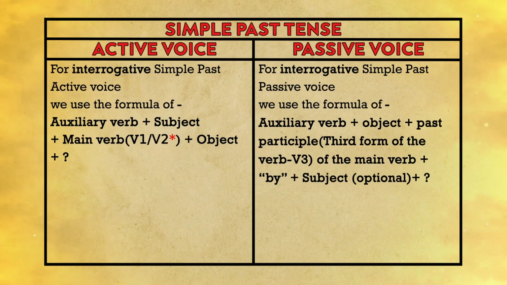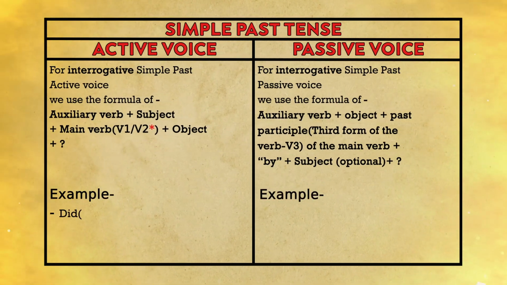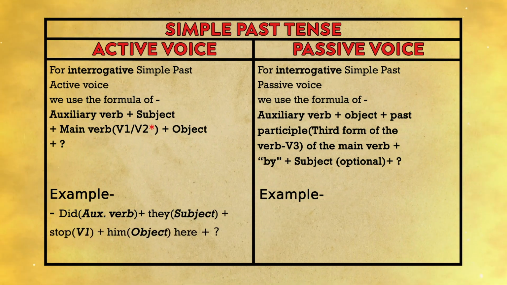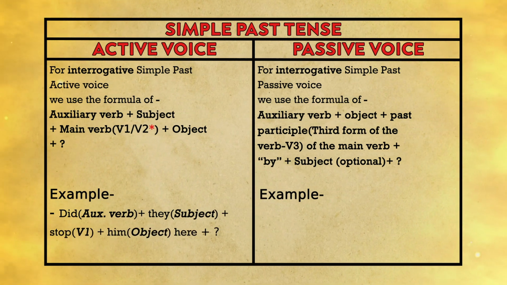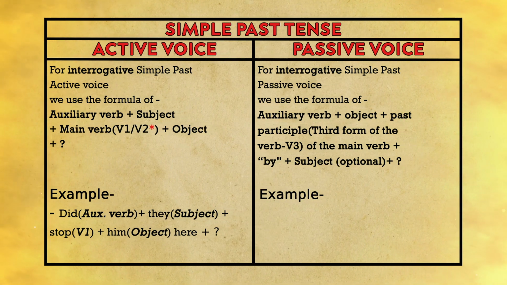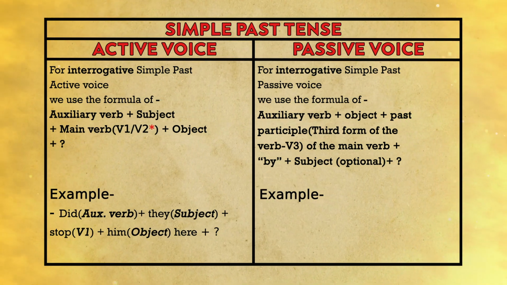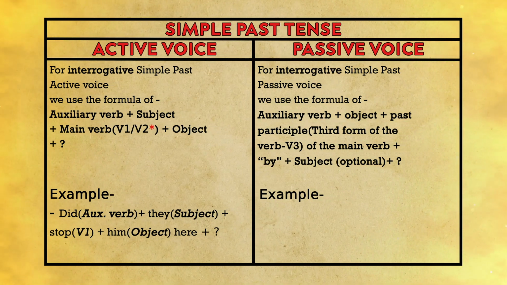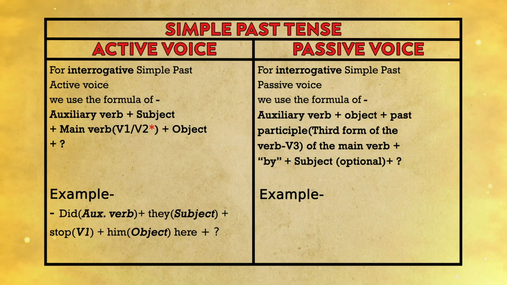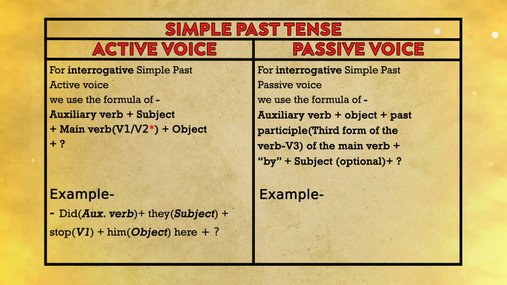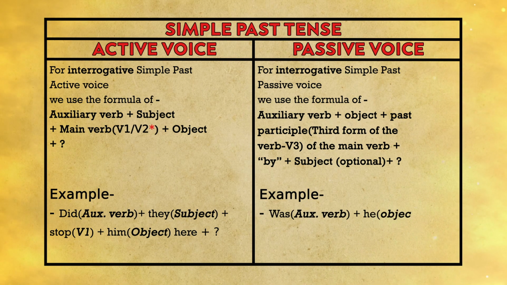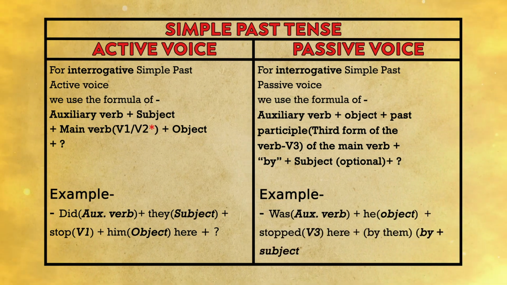For example, did they stop him here? Now here, did is the auxiliary verb plus they subject plus stop, first form of the verb, plus him, that is the object. Now when we change it, was he stopped here by them?